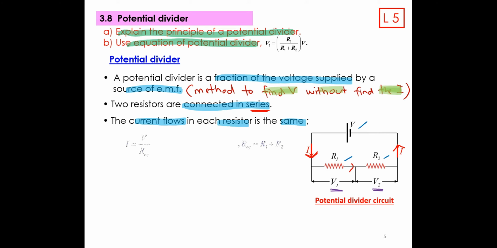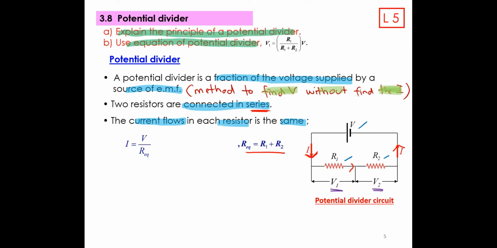It is the shortcut. Now to find the equivalent resistance, because it is in series, R1 plus R2.